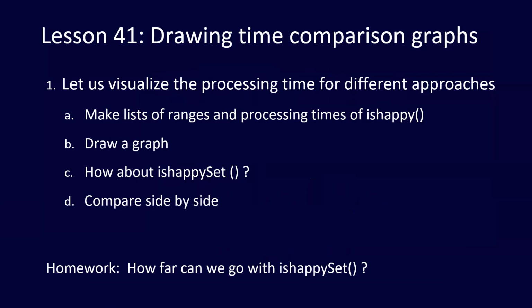And the original, naive method wasn't so fast. So by using the new way, which uses a set, keeping the record of a set of unhappy numbers, we can do it faster. And we measured time and visualized by comparing the two graphs.